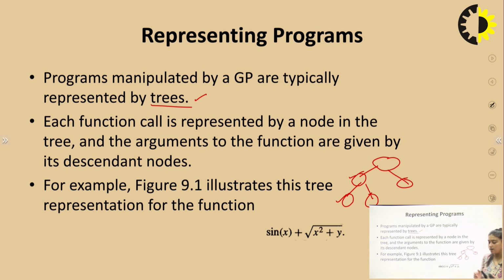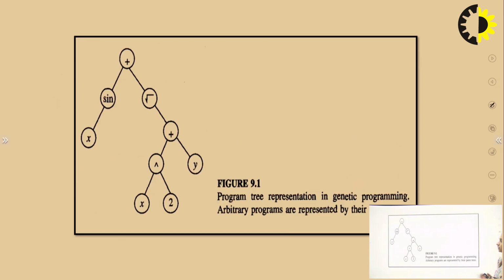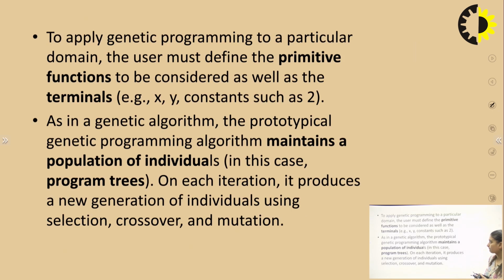As shown in this particular figure, this is a program tree representation in GP, and here you can see these are the nodes, and these are some mathematical operations performed on these particular nodes. To apply GP to a particular domain, the user must define the primitive functions as well as the terminals.